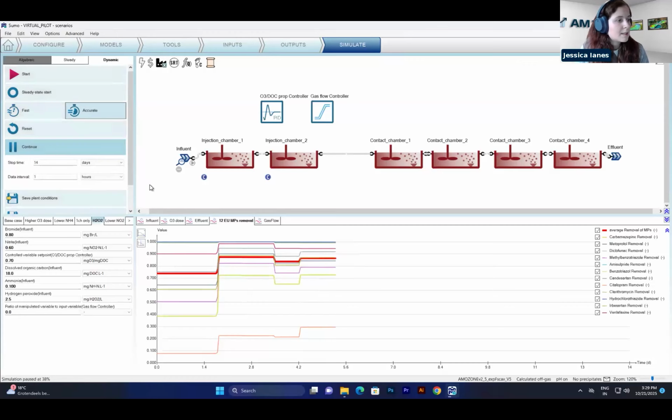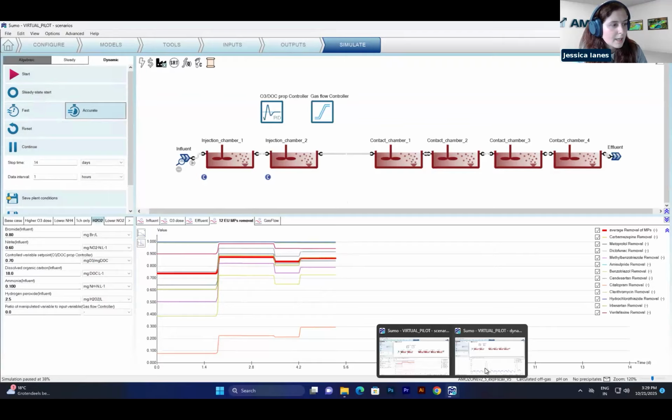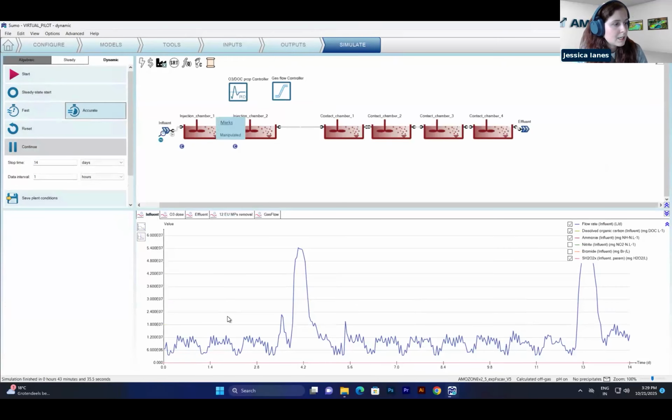So that's what you can test, for example, in a scenario analysis with the different steady state scenarios. But we know that the influent is not steady. There are variations in time. So for example, you can see here we have run a dynamic simulation. You see here the flow rate into the reactor.